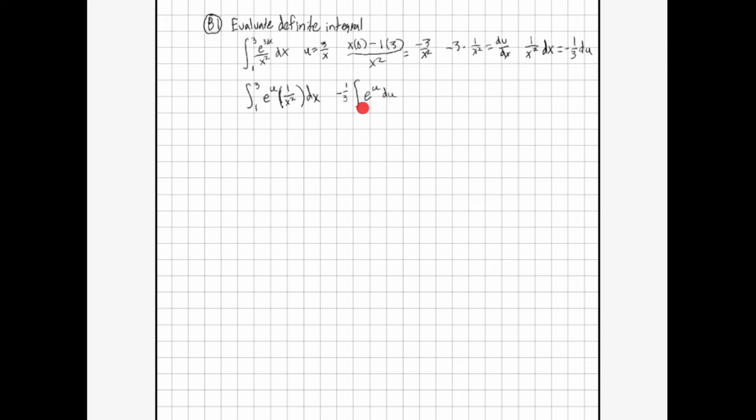Now I don't know the top and bottom limits yet because this is the du equation, not the dx. So when I plug in 3 for x in the u equation, I get 1 for the top. And when I plug in 1 for x, I get 3. So they just kind of flipped around.